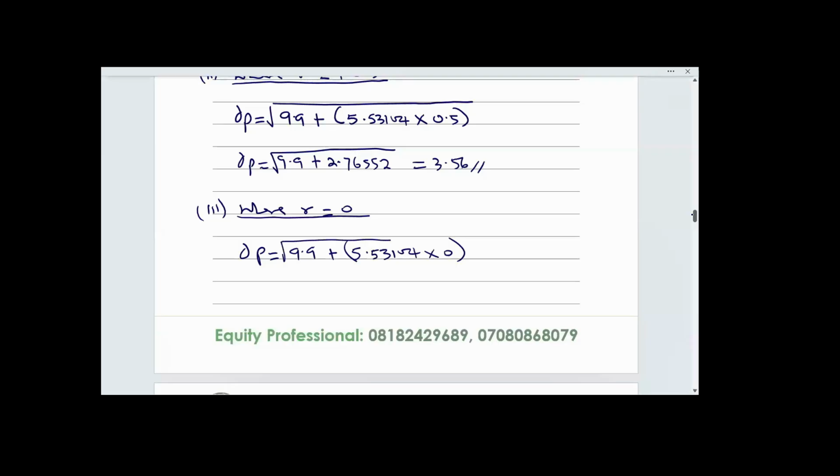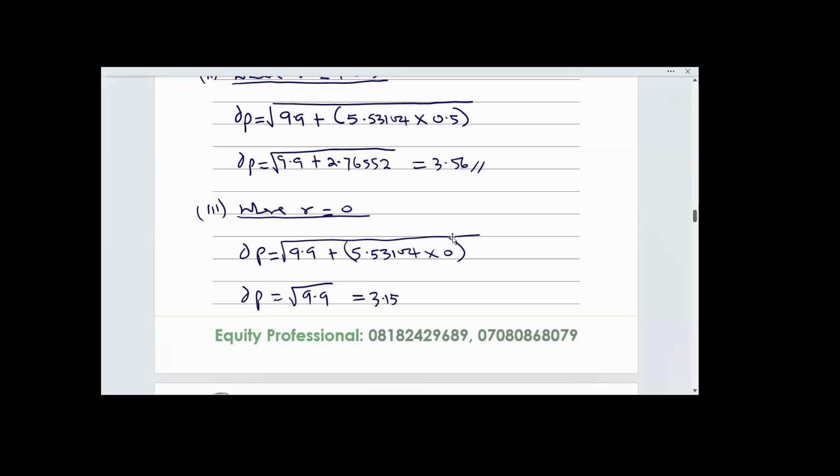So find the square root. In this case, dp equals the square root of 9.9. What's the square root of 9.9? It's 3.15.